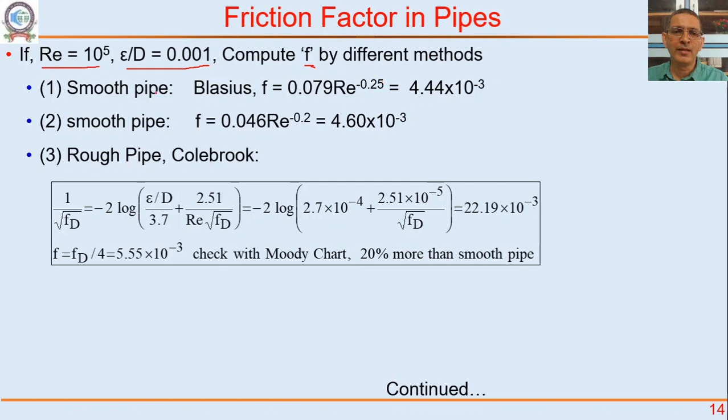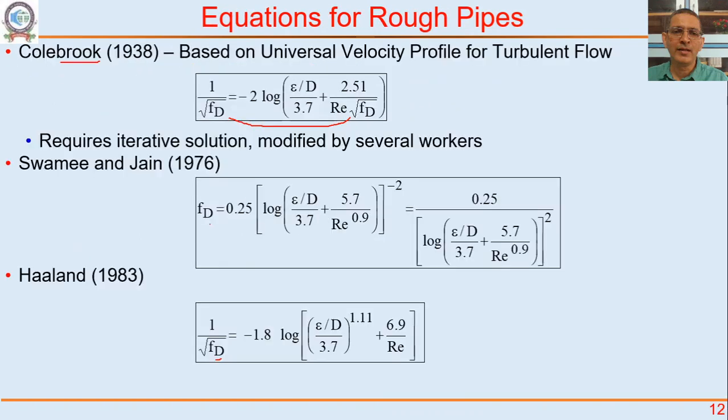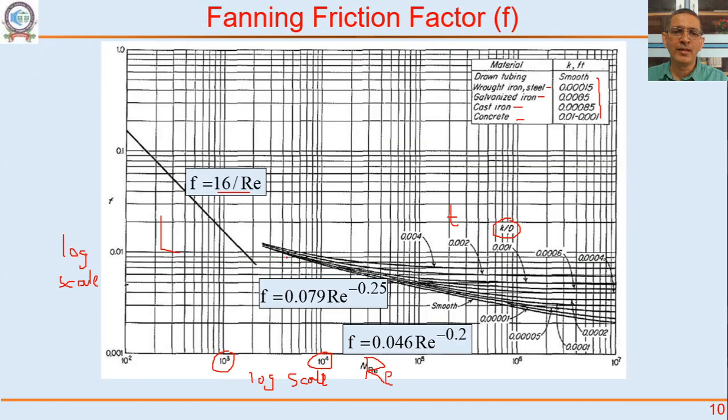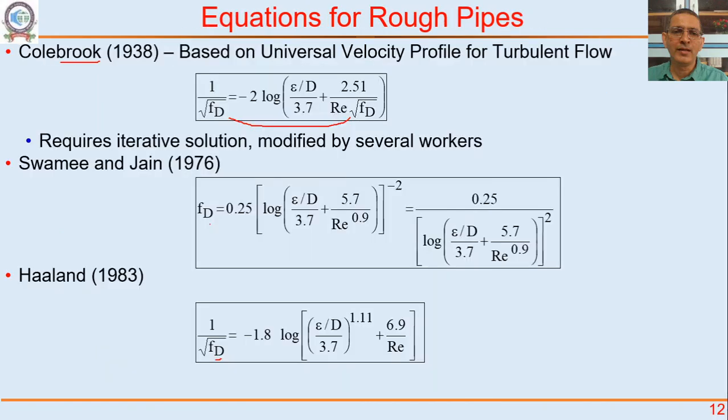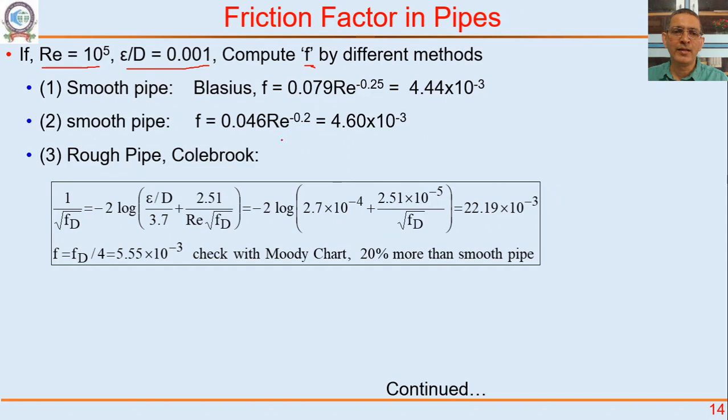So if I have a smooth pipe, this is for a smooth pipe, the lowest value where epsilon by D or K by D is 0. So if I use 0.079 Re raised to minus 0.25, so 0.079 times 10 raised to 5 raised to minus 0.25, you will get Fanning friction factor to be 0.0044.